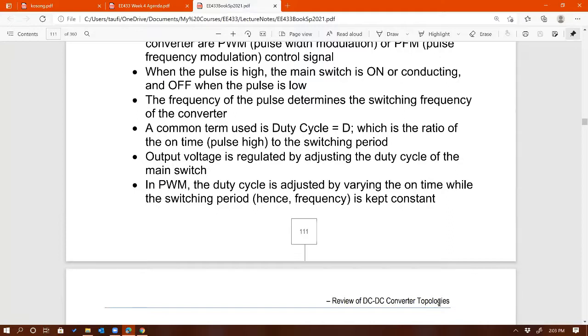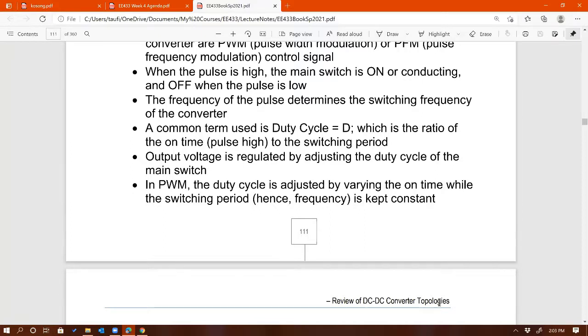So far, so good? Can you elaborate on what the switching frequency is? Yeah, switching frequency is how often we want to turn the switch on and off. So it has to be a periodical waveform.